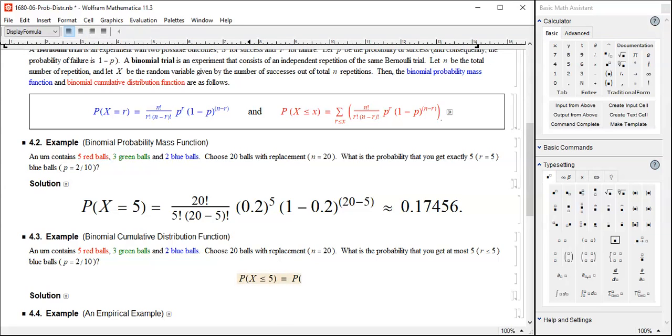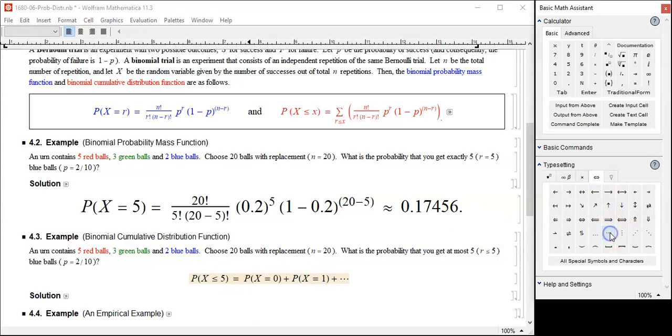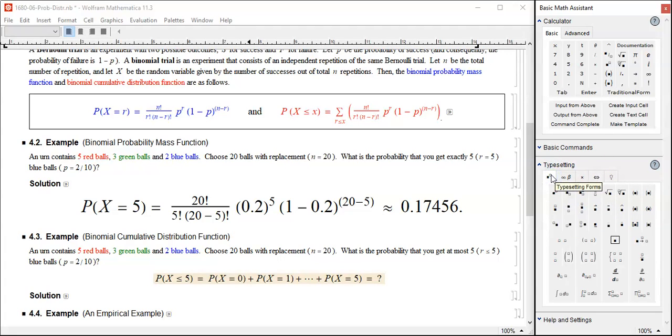And that is probability x equals 0 plus probability x equals 1 plus the probability for x equals 2 and so on. That's basically what we want. So how can we handle that?